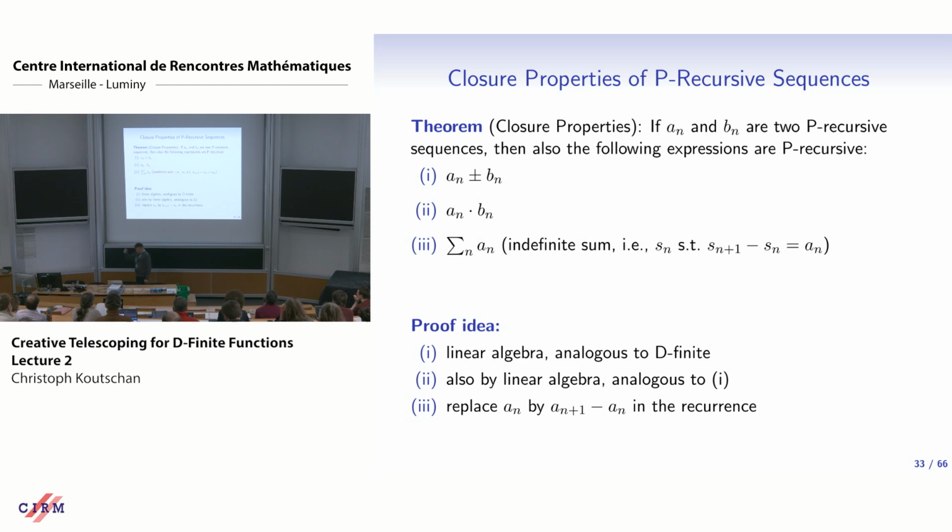In the recurrence you replace every occurrence of a_n by this forward difference, and then you have a recurrence for this indefinite sum. For D-finite functions we were allowed to do algebraic substitutions. Here we can do integer linear substitutions, so n is replaced by cn plus d with integers c and d, and then the result will again be p-recursive.